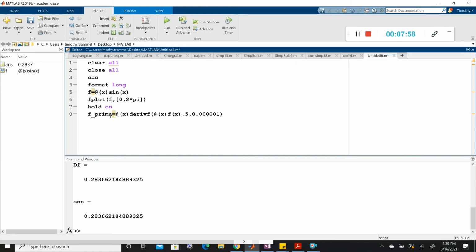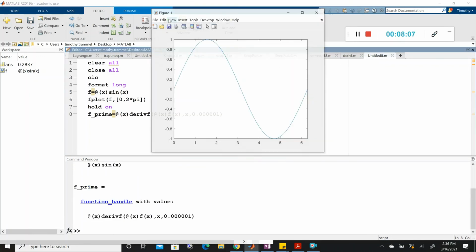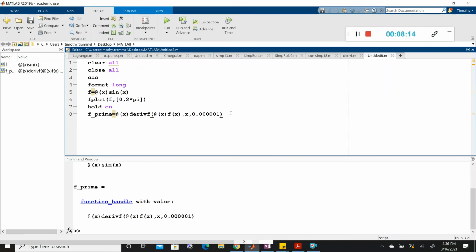I'm going to change this to be just x. Let's go ahead and give it a run. So the only thing we haven't done is try to plot it.